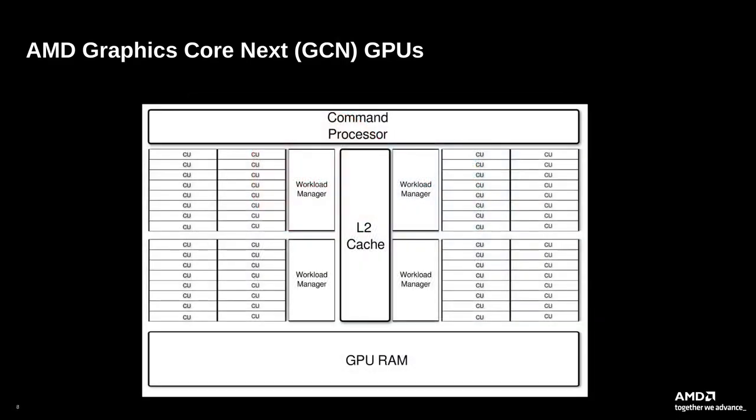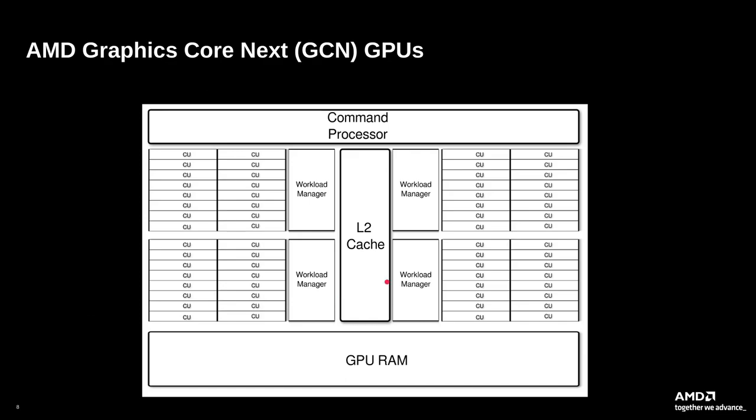So here we're looking at a conceptual diagram of the GCN hardware layouts. Consistent with our previously discussed model of a GPU, the AMD GCN GPUs have a command processor shown here at the top. It has HBM or GDDR memory, so that global RAM is going to be either the HBM or HBM2 or GDDR memory. And then we have an L2 cache that is shared across all the compute units.